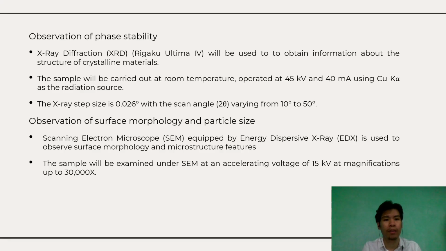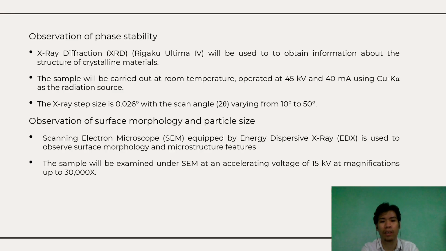This is the sample characterization and evaluation process. There are two equipment that will be used to characterize the sample, which are X-ray diffraction (XRD) and scanning electron microscope (SEM). XRD will be used to obtain information about the structure of crystalline materials.